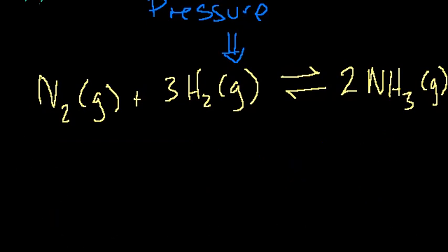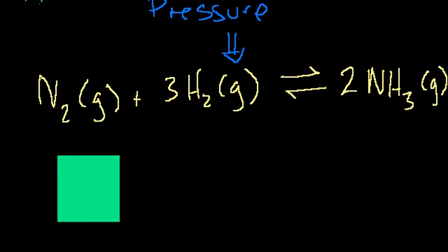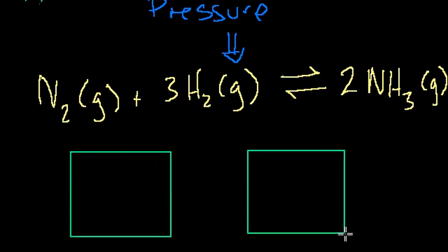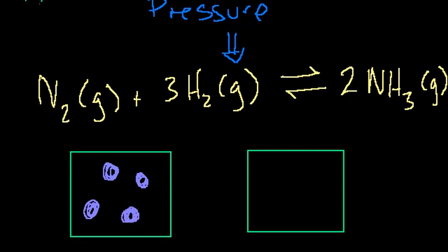If I have a container, and I'm applying pressure to it, in one option I could have 4 molecules in some volume. And in another situation, let's say they get merged and I only have 2 molecules, right? The reaction can go between these, where 4 could merge to make 2 molecules.